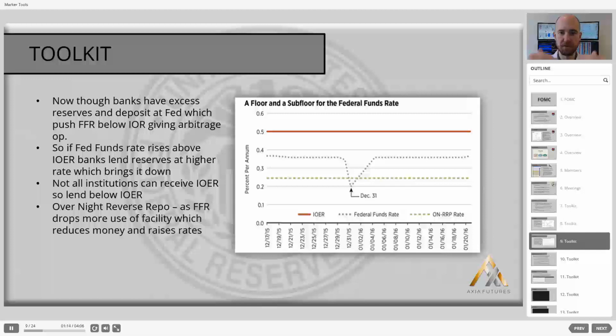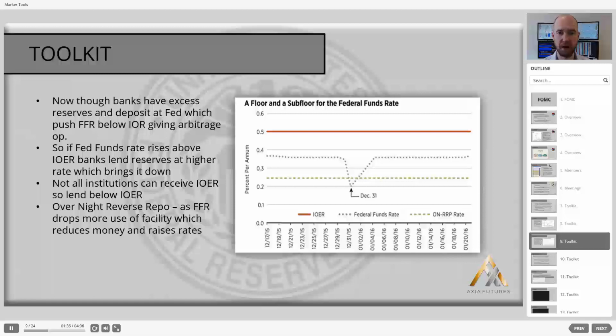So to prevent this level falling too far, the Fed then created the lower bound, which is the overnight reverse repurchase operation. Now how this works is, this is a collateralized operation, whereas the Fed funds transaction has no collateral, so it's unsecured lending.